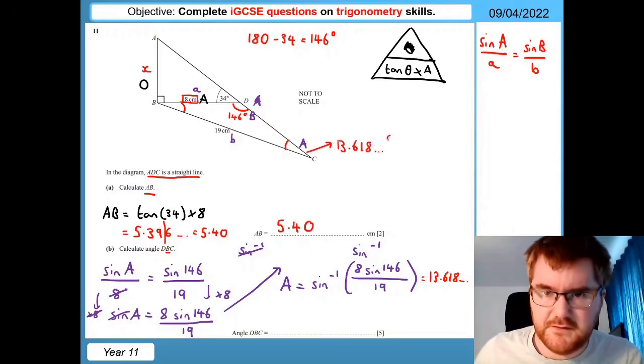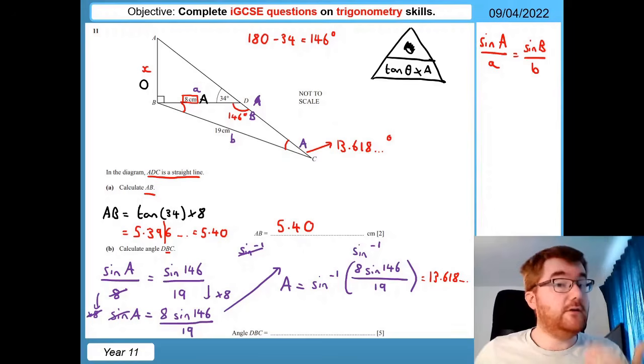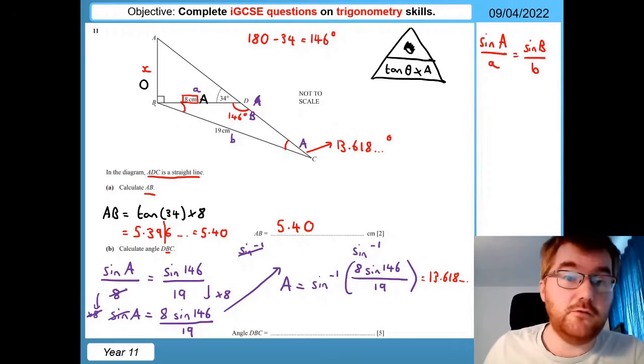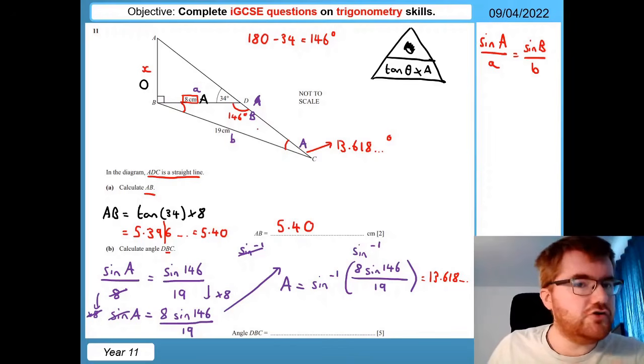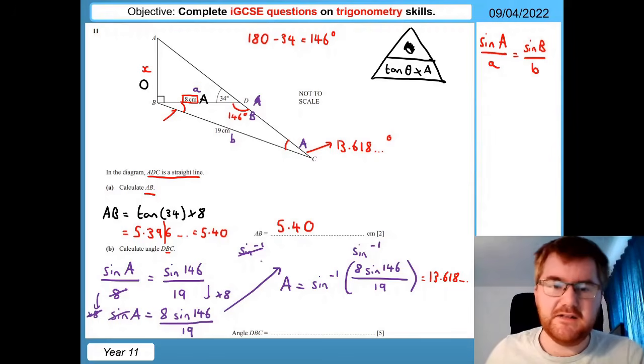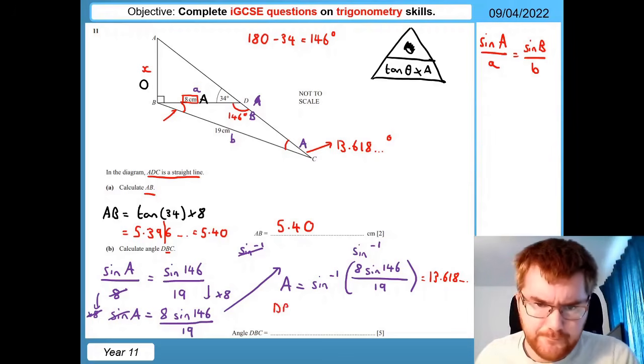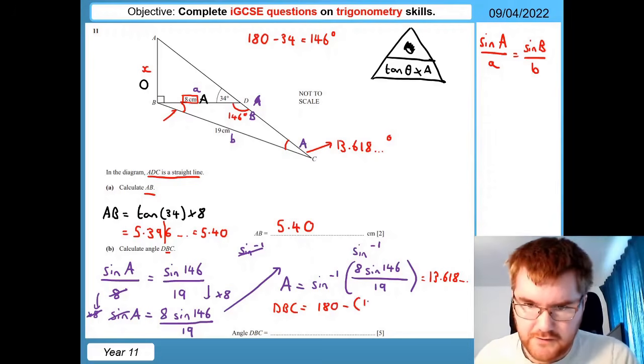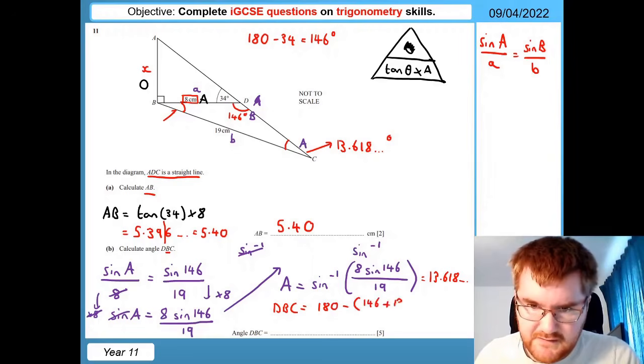Now, of course, that is not the answer that we're looking for here. We are looking for the angle DBC, but now we can use the idea that angles in a triangle add up to 180 degrees. So to work out this final angle, DBC, we just do 180 minus the two angles that we do know, so 146 plus 13.618 dot dot dot.